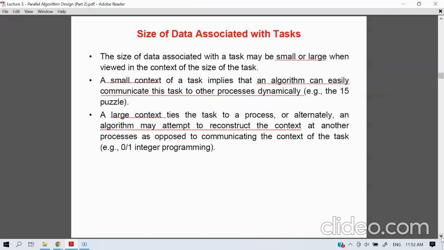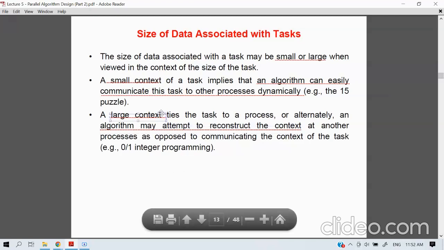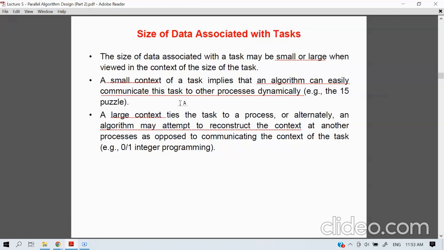The size of the data associated with the task: not only the size of the task, but the data that we use inside the task, we also need to know its size, either small or large. Because with small data, we need to write the parallel algorithm itself, so it might affect the performance of the parallel processing.